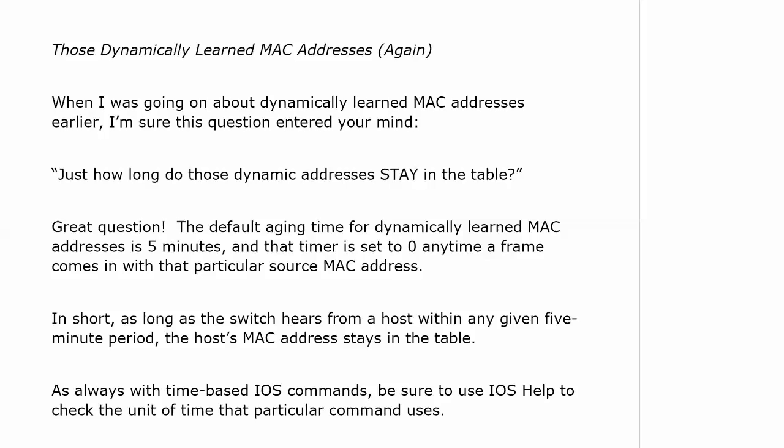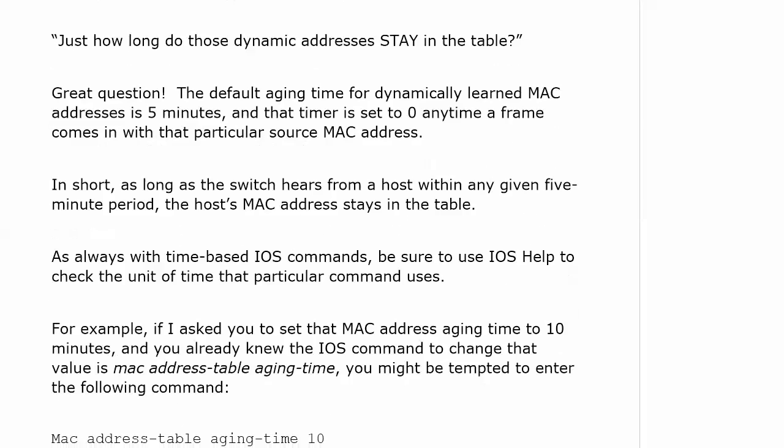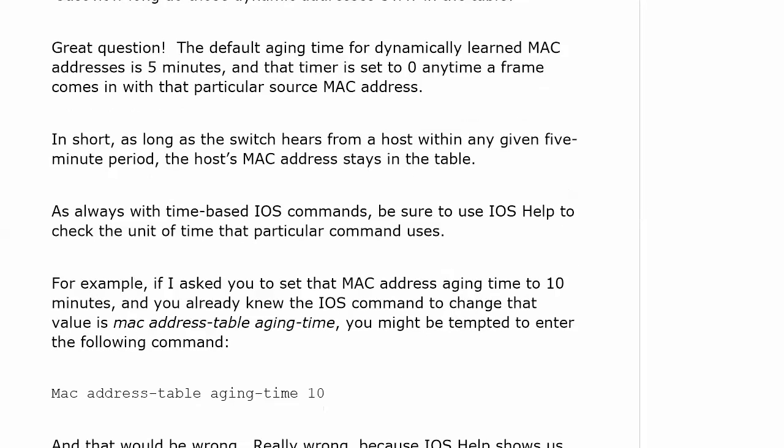Now let's say that I asked you on an exam, job interview, doesn't matter, to double the MAC address aging time. Well, the first thing you would need to know, of course, is what is the default, and you've got that down now. It's 5 minutes. What if you already knew the IOS command to change that value, and that command is mac address-table aging-time?